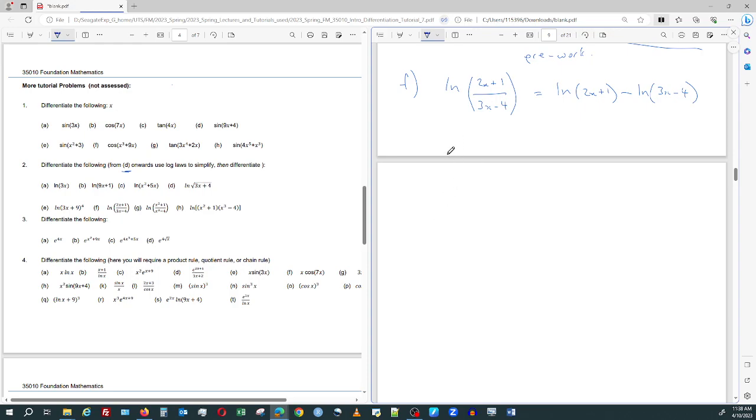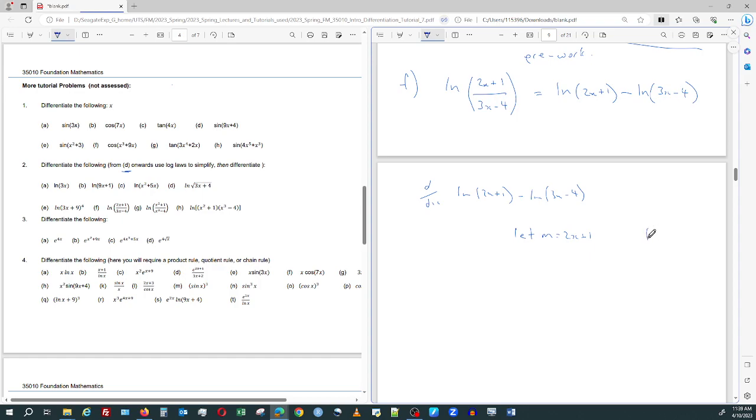Okay. So if we d/dx the expression, d/dx the ln of (2x plus 1) minus the ln of (3x minus 4), so we're just going to treat them as individual expressions. Unusually, we're going to have to do 2 chain rules. So let m equal 2x plus 1.